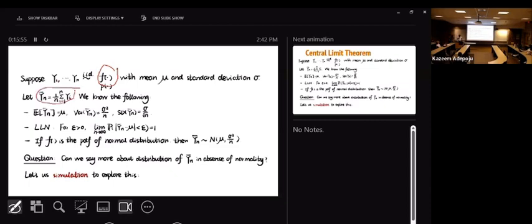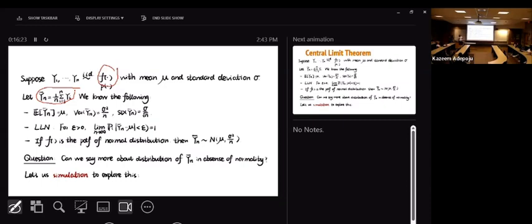Now, do you know that if we know the distribution of y1 up to yn, we can make a conclusion about the sample mean? Of course, we all know the random variable y follows normal. What is the expected value of y? Mu. What is the standard deviation of y? Any y, whether y1 or y2 or whatever, is going to be sigma.